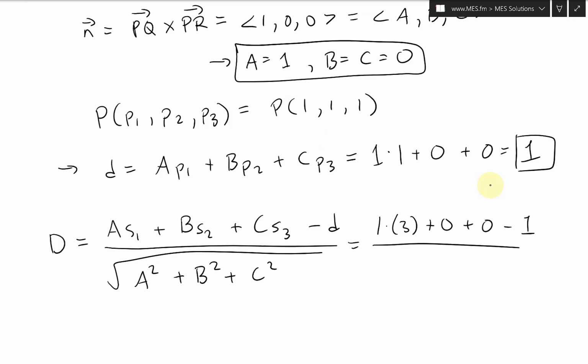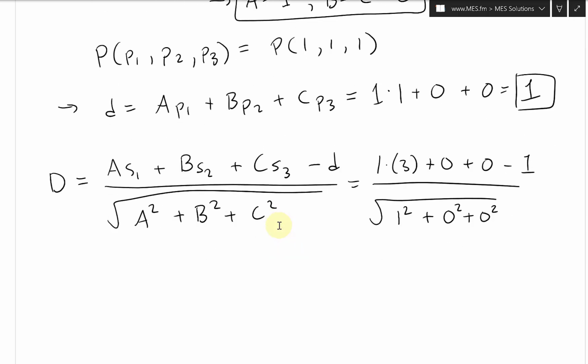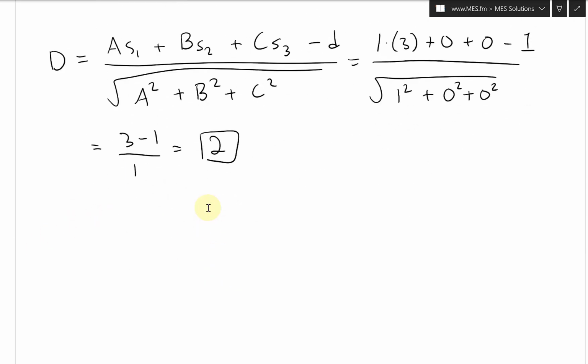Then divide this by the square root of a squared, which is 1 squared, plus all others 0 squared. So all we get is 3 minus 1 over 1, because this is just 1 squared and then square root. This equals 2. So the length is 2. The distance from the point to the plane is 2, but we can do a double check right here. Let's do a double check.